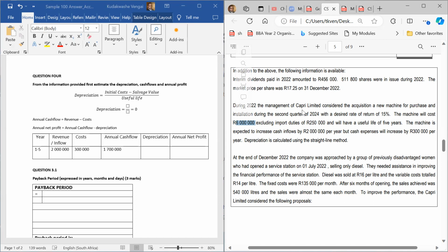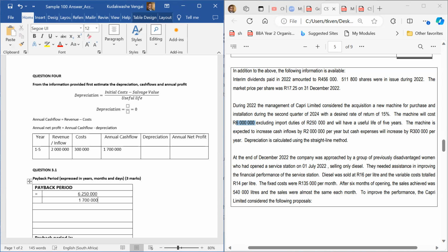Because for us to get the machine into South Africa, we are going to have to pay import duties. So it's going to be 6,250,000. And for us to calculate the payback period, we are going to divide that by the amount that we are going to get each and every year, which is the annual cash flow.